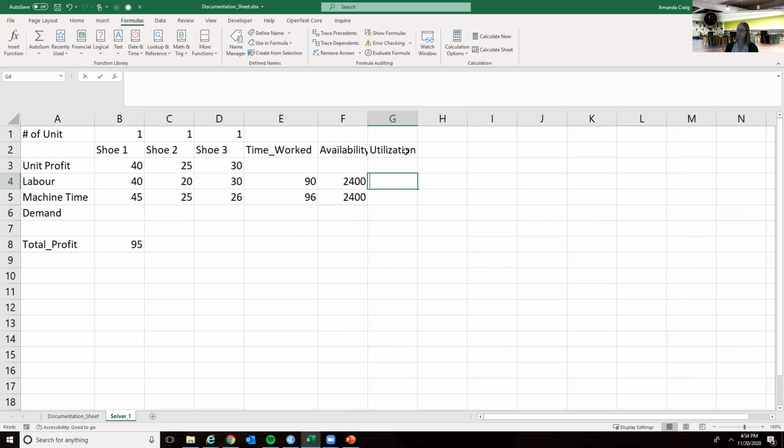What that's going to look at is how much I'm actually using of a constrained resource. So in this, call that time worked, call that my availability, and my utilization is simply going to be a calculation of my time worked divided by my availability. And that will be a percentage.